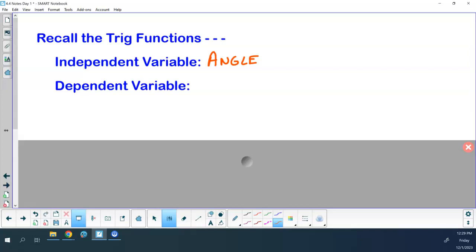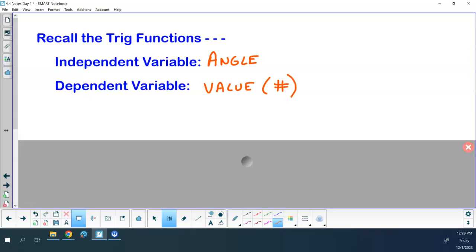Now, the radian measure would be the angle that we put in. What do we get out? Just a number, right? We get out a value. So we get out the dependent variable. It's what we get out of the function. We get some value, and that's going to be some number.